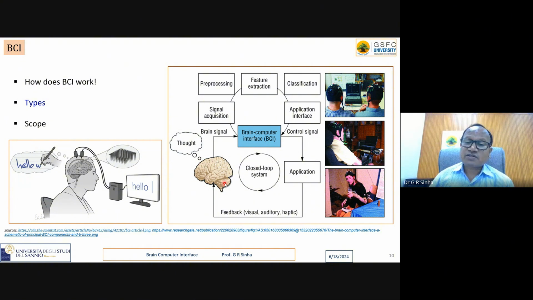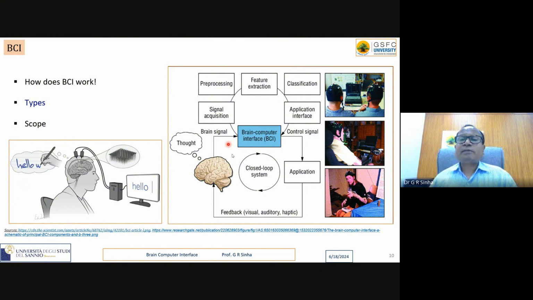Whenever there is some thought process, whenever there is some stimuli, maybe from a scene, a picture, an audio, or a mood, it is captured and goes to pre-processing. You pre-process to make your signal appropriate and to reduce the artifact and noise. You extract the features, you classify the features, and you go to the application interface. You have some control signal that can be connected. You can also give that feedback.